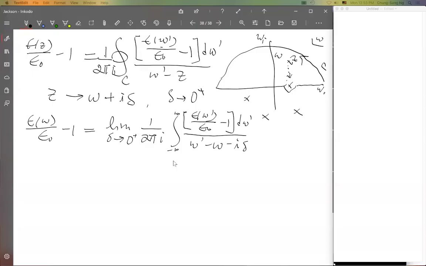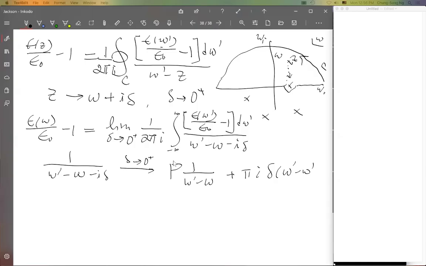Okay, now we are going to use another formula. This function 1 over omega prime minus omega minus i delta, as delta goes to 0 plus, will be equal to the principal part of 1 over omega prime minus omega plus pi i times the delta function of omega prime minus omega.